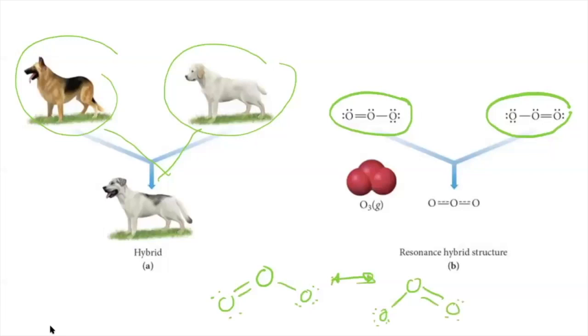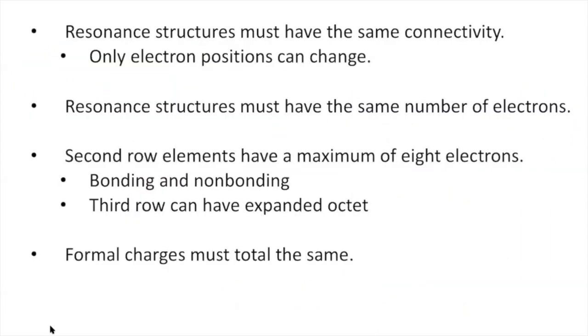Now there are some rules of resonance. One of the rules is that when you switch those electrons, you should have the same connectivity. So resonance structures must have the same connectivity.